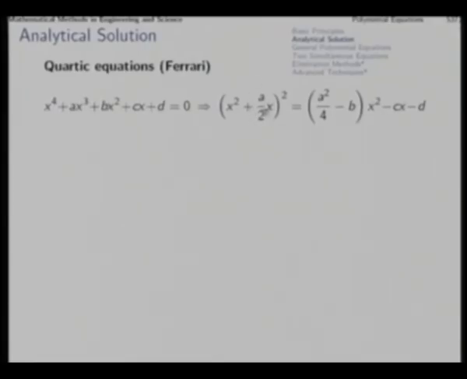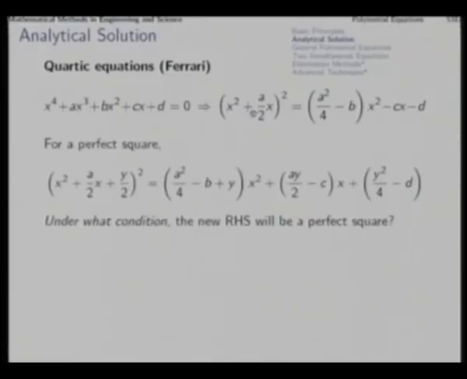So, inside this complete square we add a term from our side, we add a term y by 2, and the corresponding compensations. There will be 3 compensations: y into x square, which is here, then y into a by 2 x, which is here, and y square by 4, which is here. Okay.